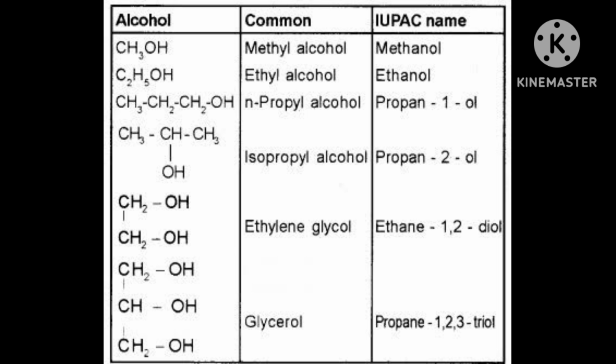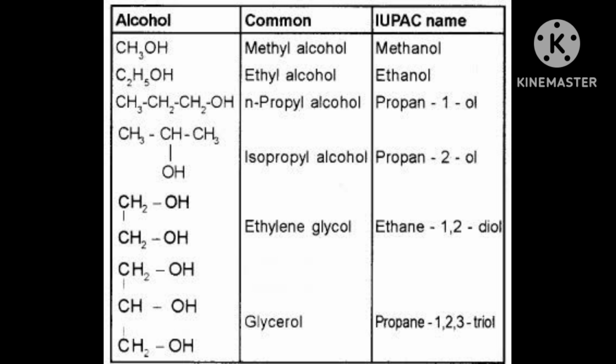As an example, suppose there is OH CH2 CH2 OH, with OH on the first carbon and again OH on the second carbon. Since two carbons are there, it is named ethane 1,2-diol.